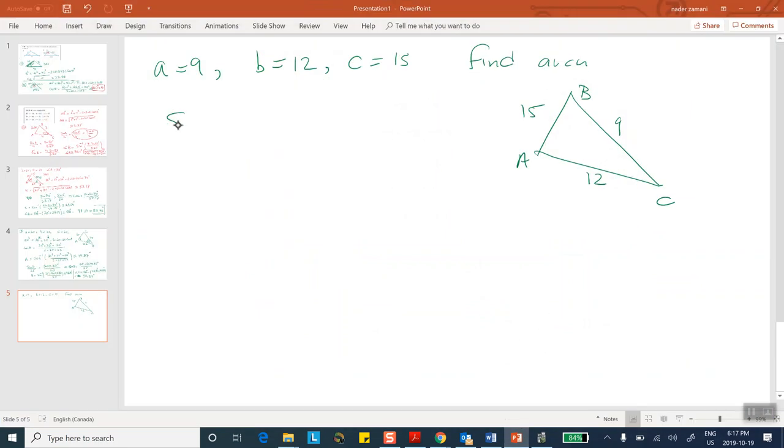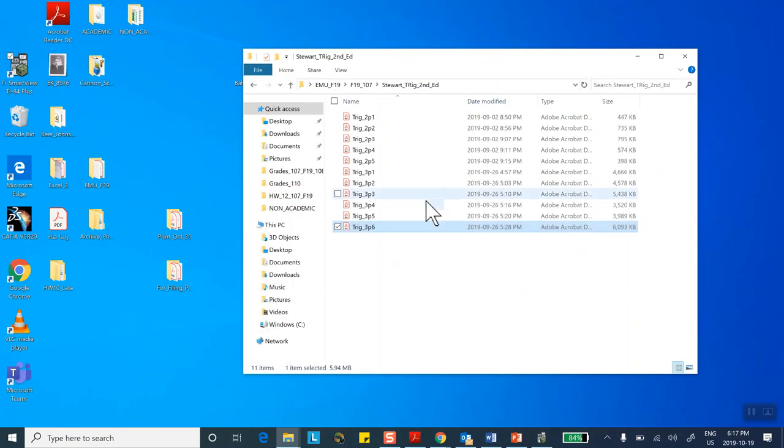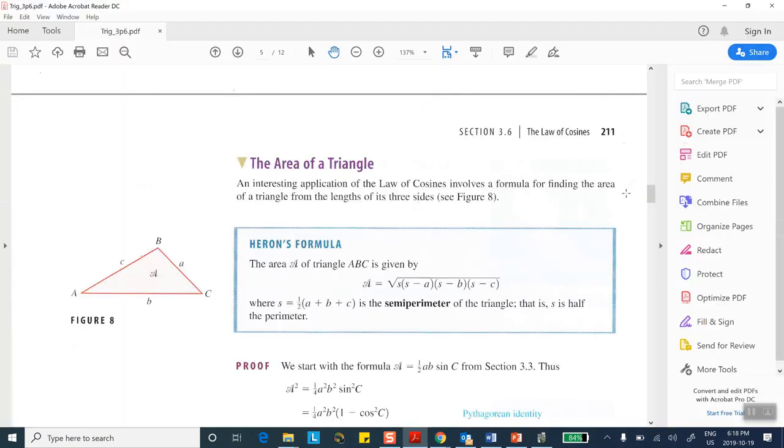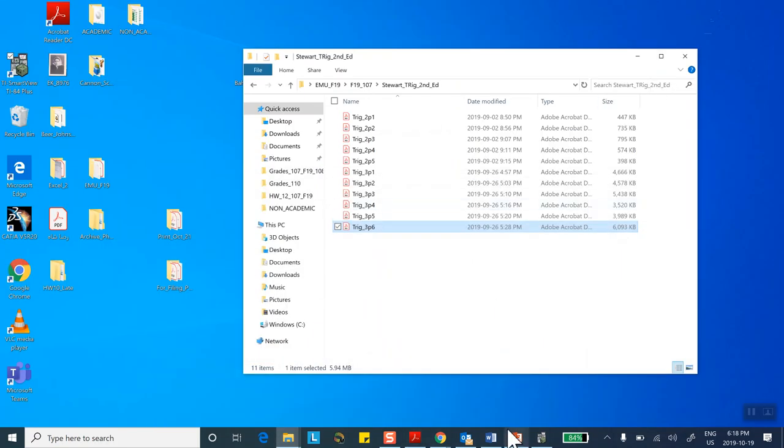So S is equal to A plus B plus C over 2, was it not? Yes.